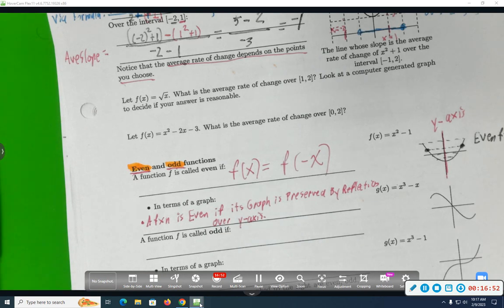If I say a function is called odd, how many people have seen an odd function before? With the recollection of what even means, what does it mean to be odd? Symmetrical with origin. Awesome. Okay.